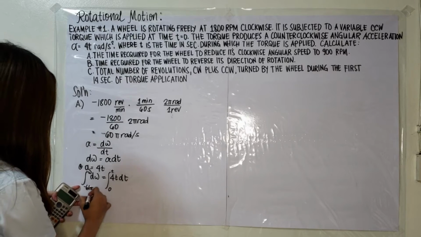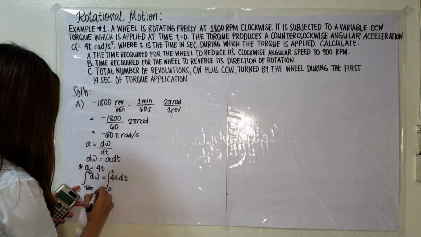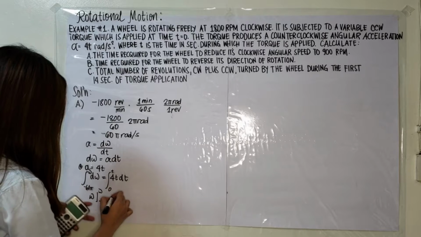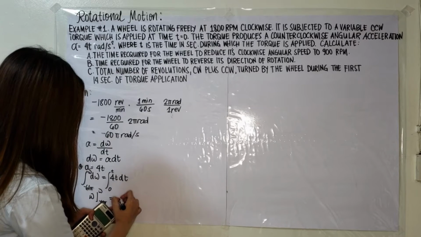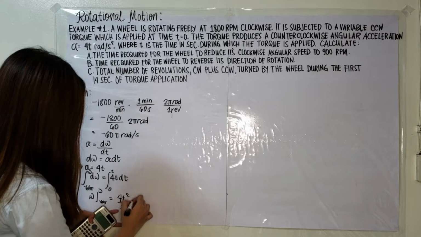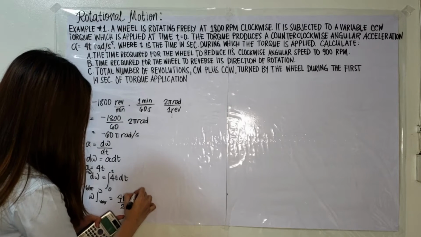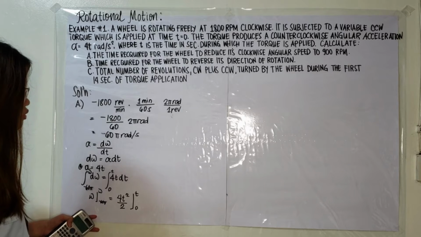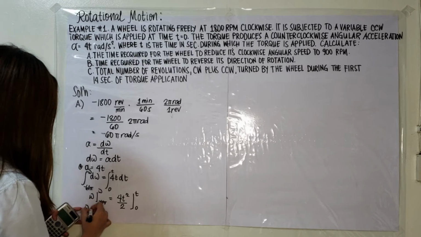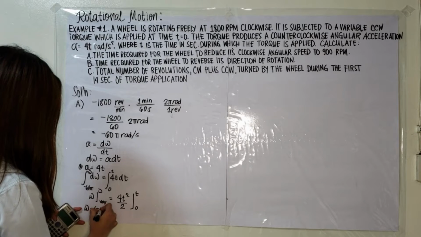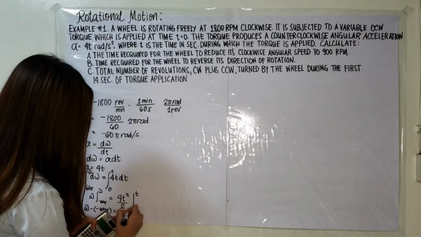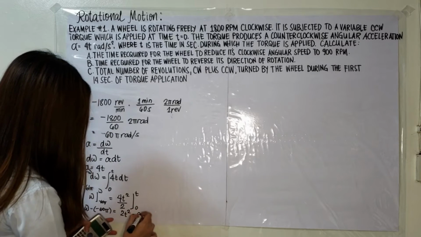So we have omega from negative 60 pi to omega equals 40t squared over 2 from 0 to t. So we have omega minus negative 60 pi equals 20t squared minus 0.